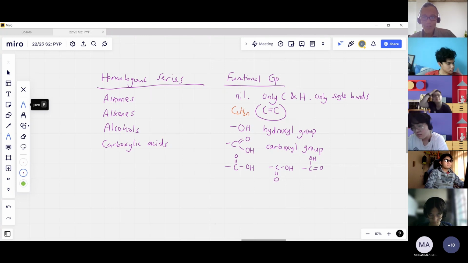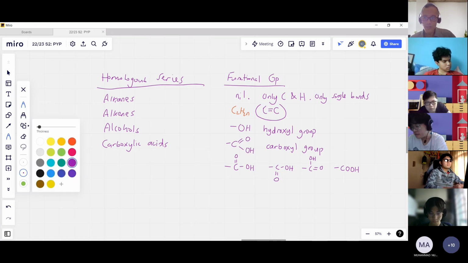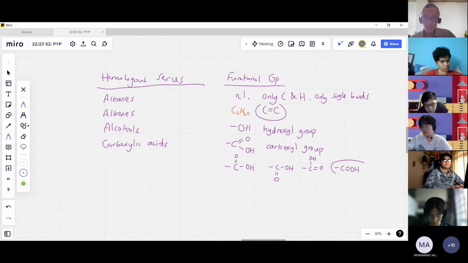Occasionally people write in this manner. Again, it's still the same. I especially want you to recognize this because this comes up quite often. So make sure you realize that it's a carboxylic acid or carboxy group.